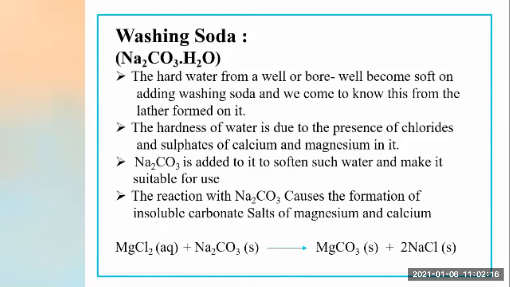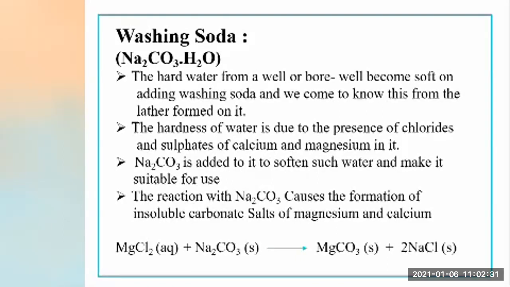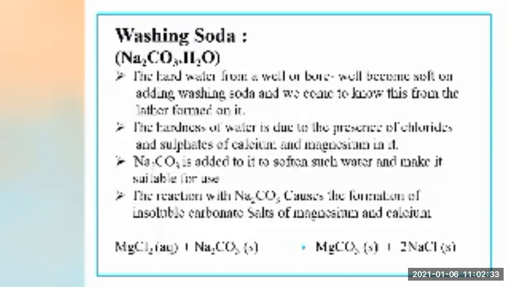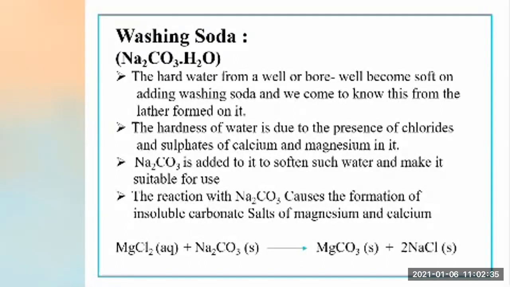But when washing soda is added to this hard water, what does this hard water become? It becomes soft water, and it is readily usable. The hardness of water is due to the presence of chlorides and sulfates of calcium and magnesium in it. Why is the water so hard?